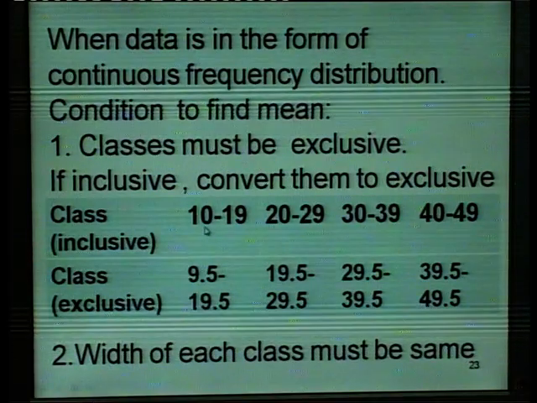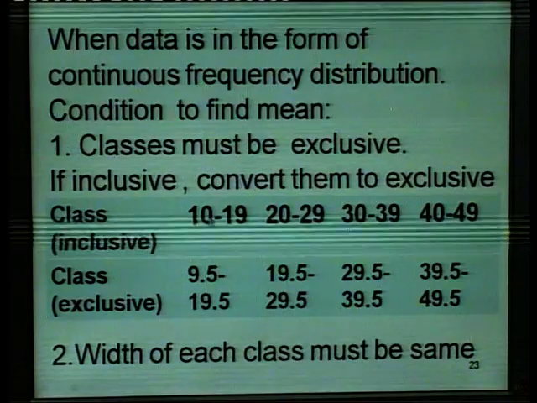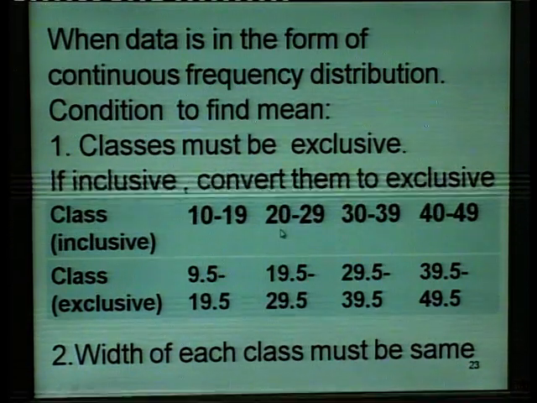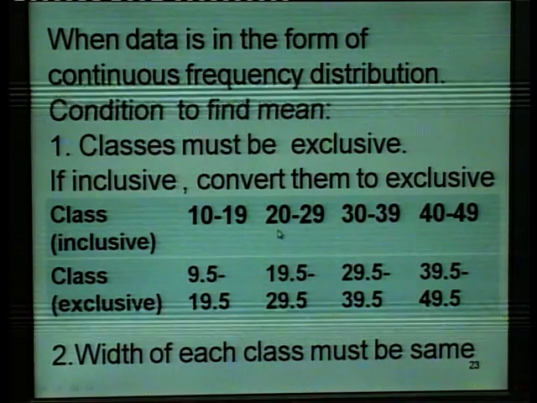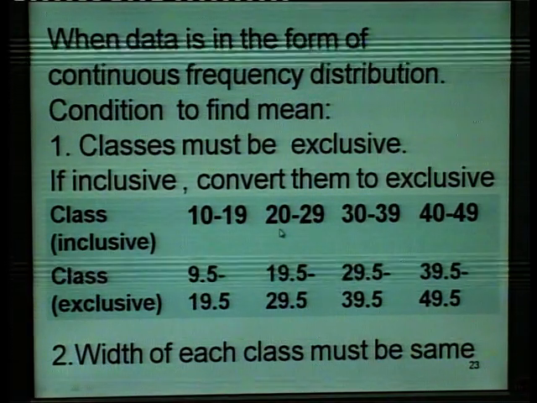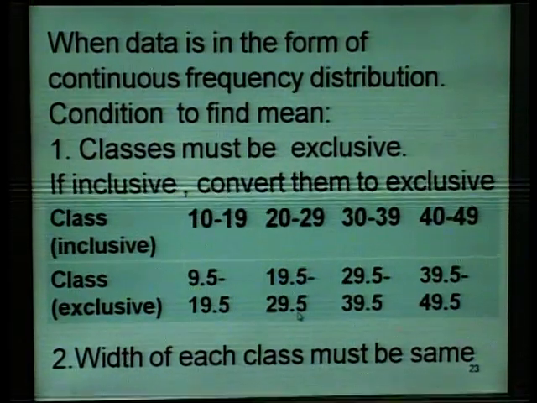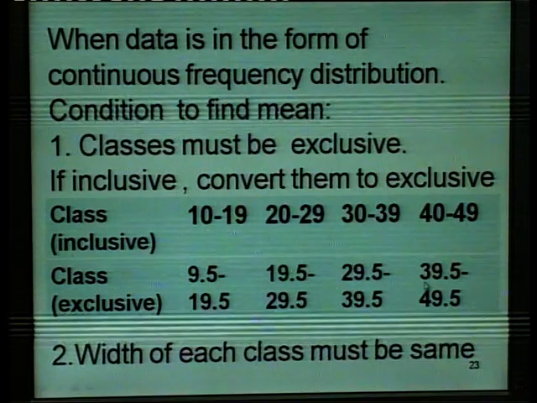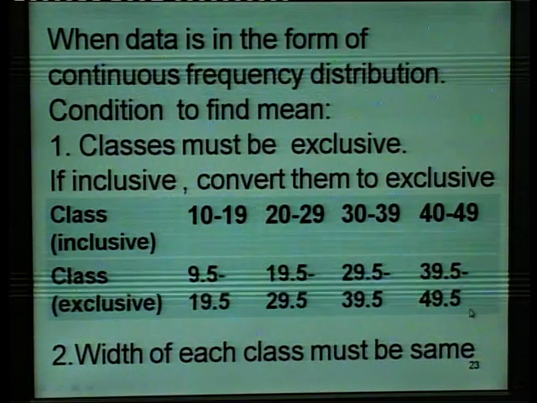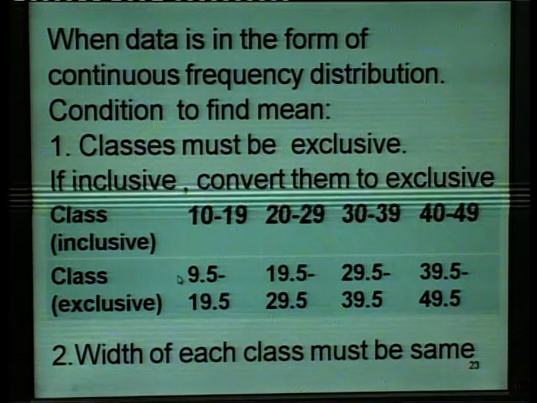So we subtract 0.5 from each lower limit and add 0.5 to each upper limit. We get 9.5 to 19.5, 19.5 to 29.5, 29.5 to 39.5, 39.5 to 49.5. This is how we convert inclusive classes to exclusive classes.